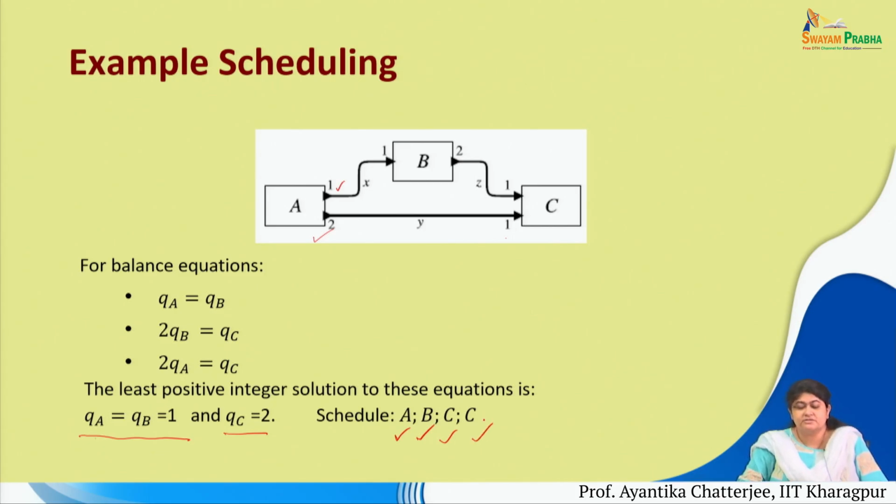So this is not restricted to 2 actors. Whenever we are increasing the number of actors, according to their token generation we can form these kinds of balanced equations. We will solve these balanced equations and get the numbers that tell us how we can generate the schedule.